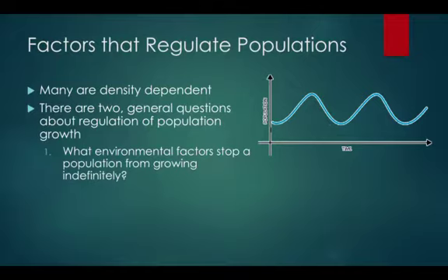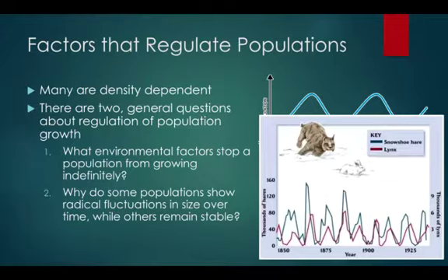What are those significant resources that are going to affect whether or not a population keeps growing? Second, why do some populations show radical fluctuations in their size over time while others remain stable? Some populations remain stable and others exhibit this boom and bust cycle.